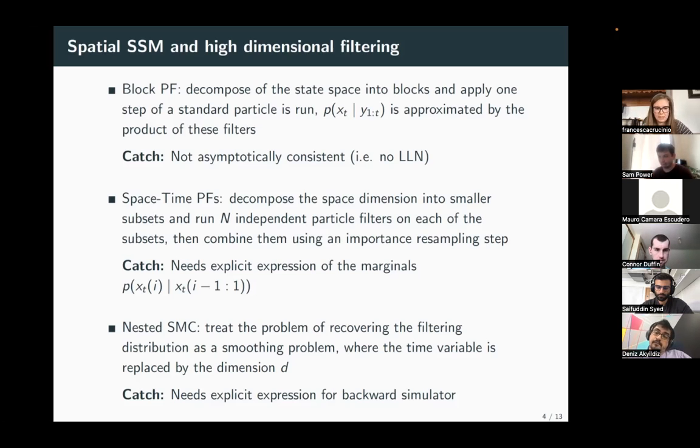but because of the particular structure, when you decompose into these smaller subsets, you will have a certain number of components within each subset, and you need to be able to write down explicit expressions for these marginals. So this is the filtering distribution at time t of component i, given all the previous components. This is also given the observation and the past. So in some cases, these are quantities we have access to, and we can implement the space-time particle filter.